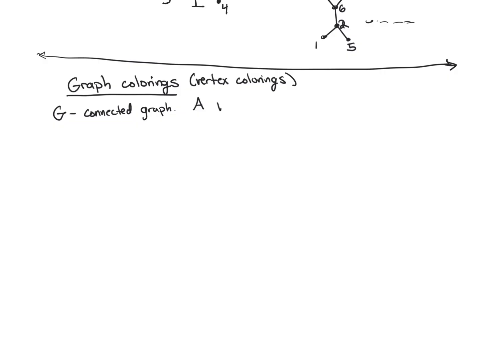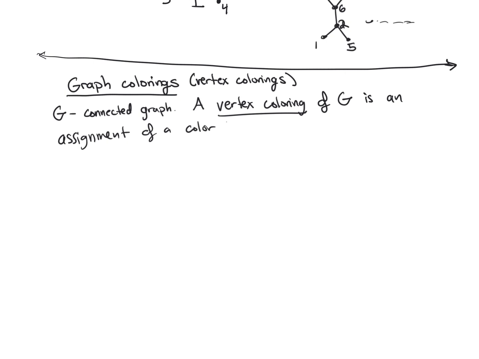Okay, so a vertex coloring of G is an assignment of a color to each vertex of G so that adjacent vertices don't have the same color. So adjacent vertices have different colors.